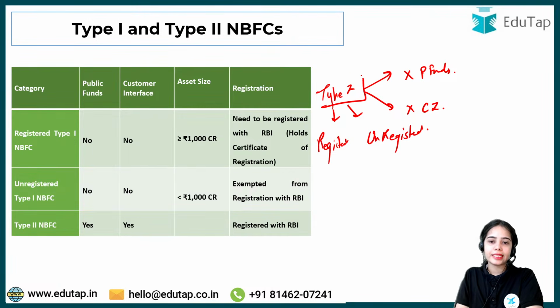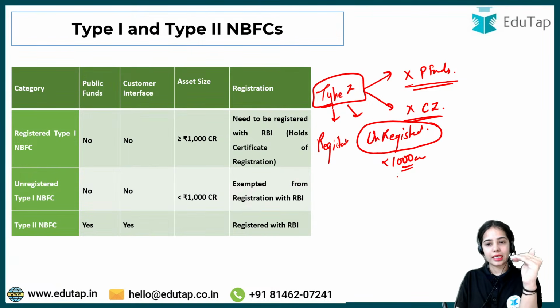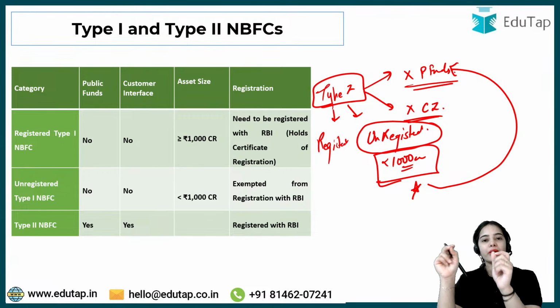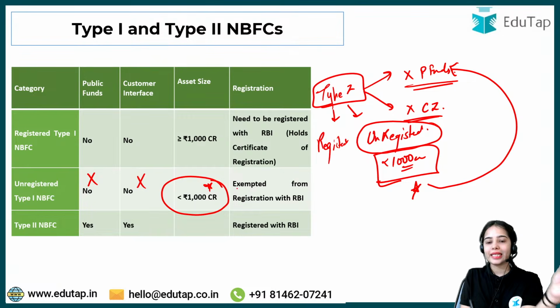RBI has said that if the asset size is less than 1000 crore and the NBFCs are not taking public funds and not having the customer interface, then these NBFCs can be unregistered NBFCs. They will come under type 1 NBFC and can remain unregistered. They are exempted from the registration requirement with the RBI.